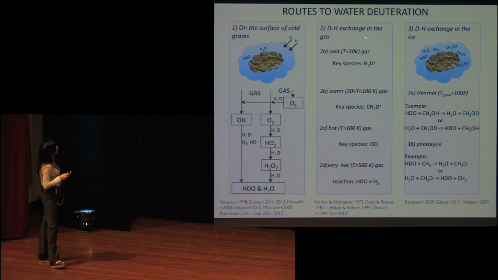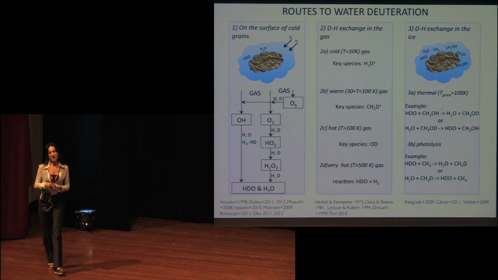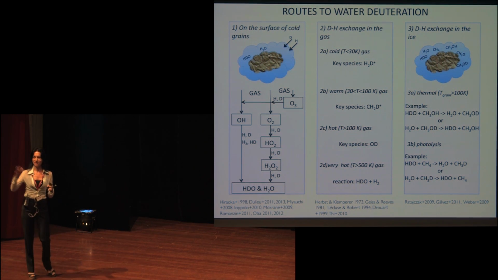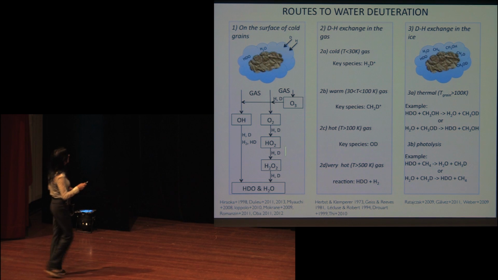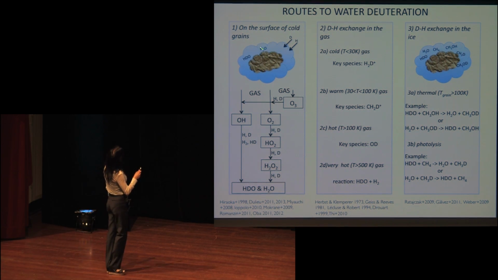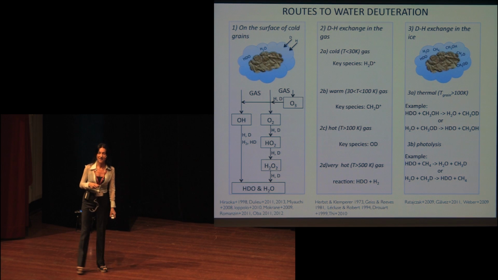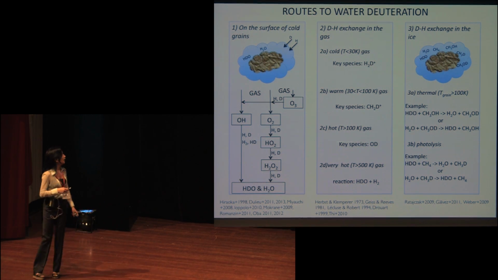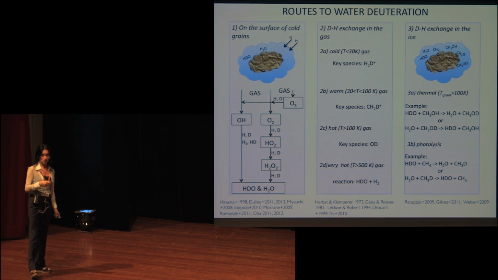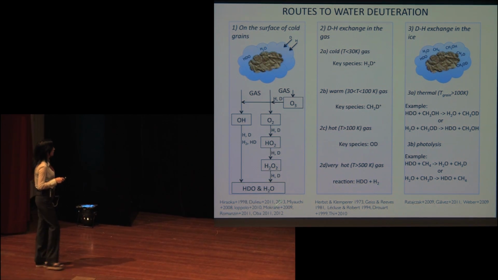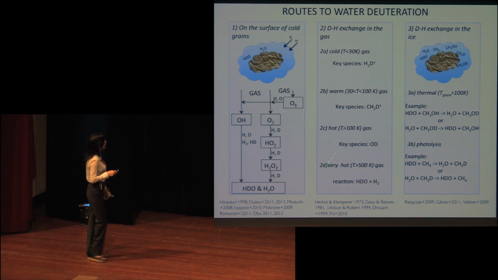So now, routes to water deuteration. I'll just mention this briefly, because otherwise I'll probably lose everybody here already with all this chemistry. First of all, on the surface of cold grains, these things can happen because we have the hydrogenation and, of course, also the deuteration of oxygen, O2 and O3, and these can give HDO and water, of course.